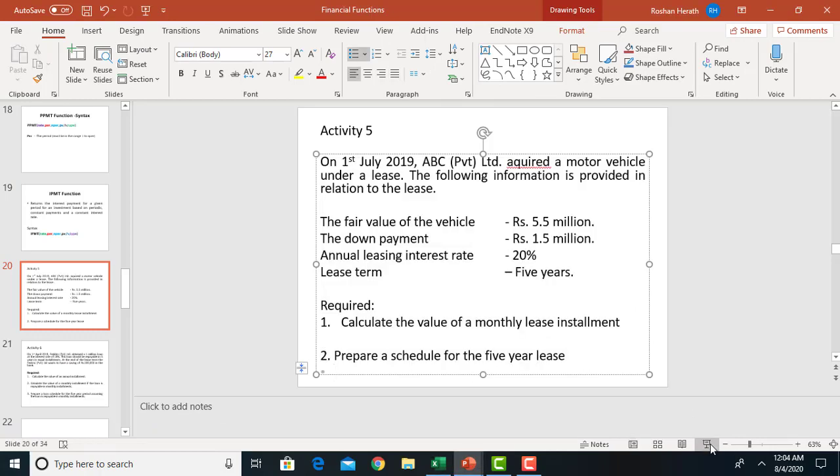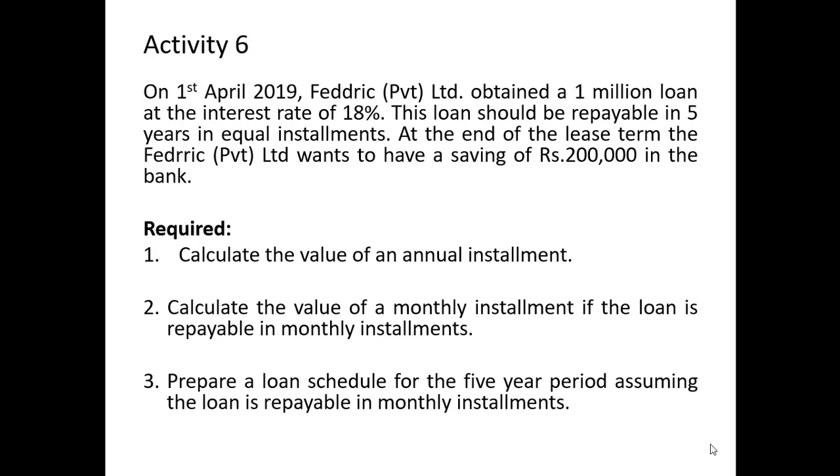There we have another activity for this. I believe that it is similar in nature, except for one piece of information: at the end of the lease term, Frederick Private Limited wants to have savings of 200,000 in the bank.